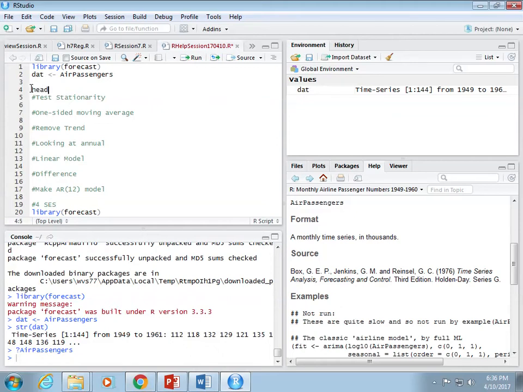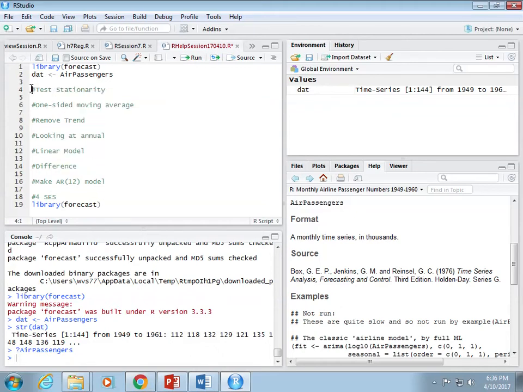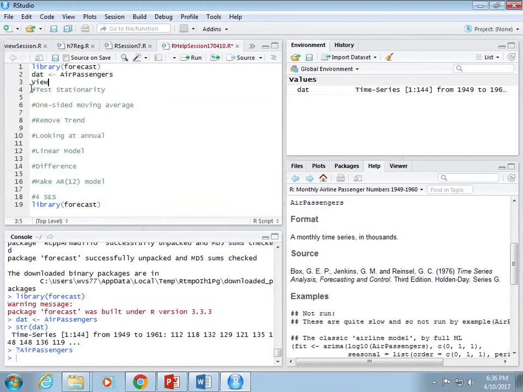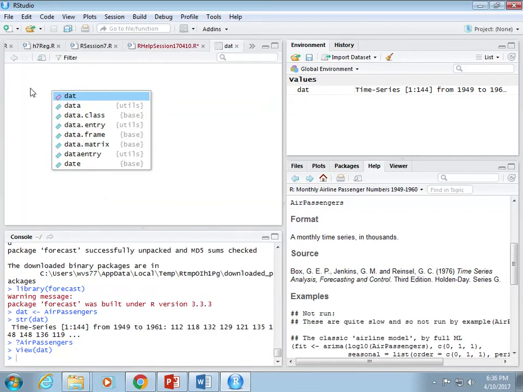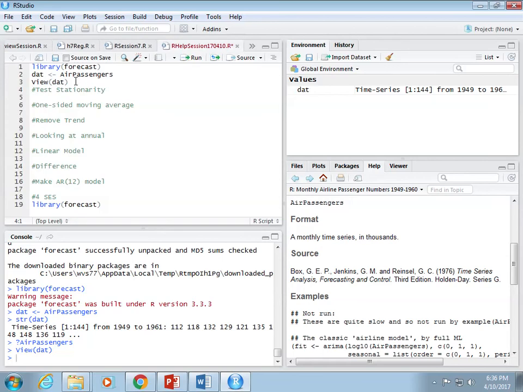So if we look at, just look at the data. I don't know what y'all like to do, view maybe. I lost my time series part. That didn't work.